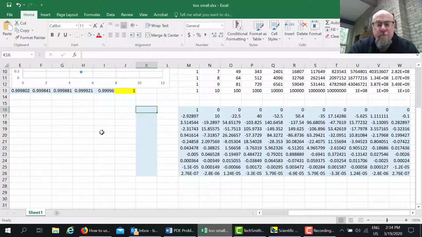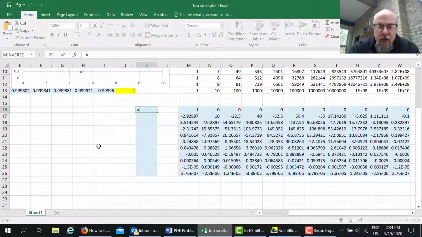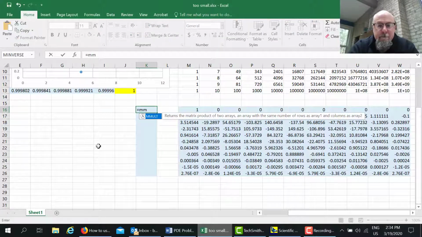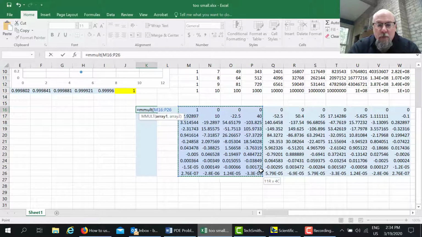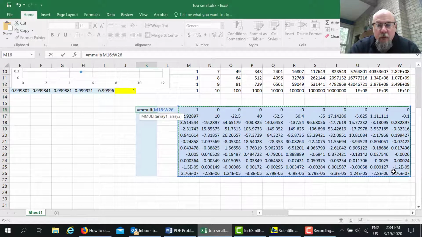So for inverse it was MINVERSE. For multiplying it's going to be equals MMULT, matrix multiply. And now I want this to be the first array, and then comma the second array, but I forgot to highlight that whole thing.